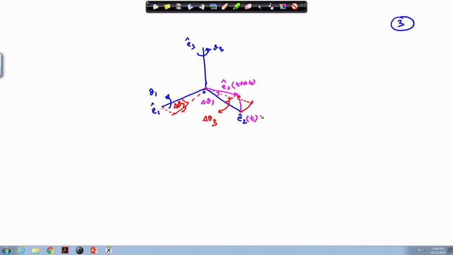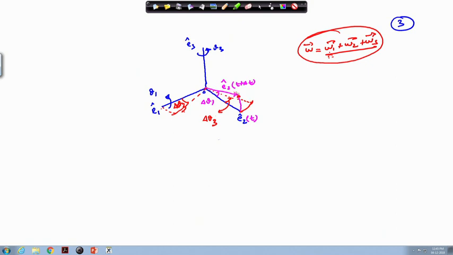If you remember, in rotational kinematics we have discussed that for a small rotation the order of rotation does not matter, but for larger rotations the order of rotation will matter. So, for the angular velocity, you can sum omega 1, omega 2, omega 3 as a vector, because these are infinitesimal rotations over an infinitesimal period of time, and therefore they are commutative.